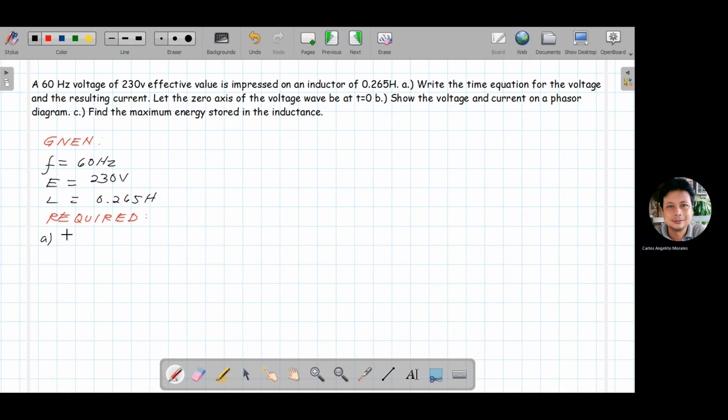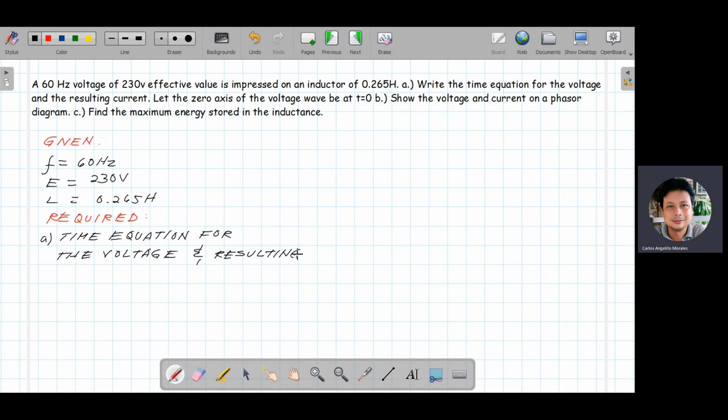So, ang required letter A, yung time equation, no? So, the time equation for the voltage and resulting current.